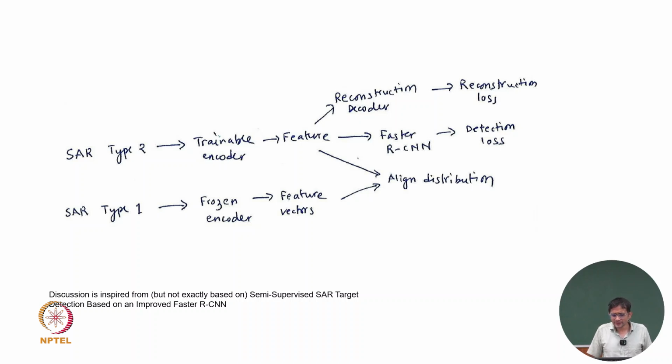On the other hand, with whatever amount of data we have, SAR type 2 can also be trained with the detection loss as well.